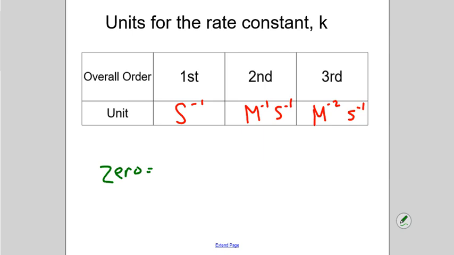If you look at the transition, we went from seconds to the negative first, to molarity to the negative first, seconds to the negative first, to molarity to the negative second, seconds to the negative first. If we go the other way to zero order, it is simply molarity per second, or molarity times seconds to the negative first. So if you remember that first order is seconds to the negative first, and remember what the transition is in each direction, you can figure it out.